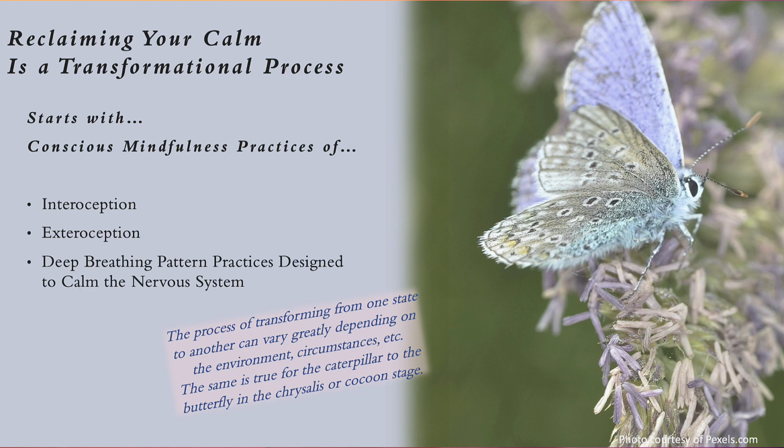A caterpillar can go into that cocoon stage, and it just depends on what their individual needs are and what the environment is like. They could be in that cocoon stage for a matter of days, weeks, or even months. Their transformational process is going to vary depending on what their needs are.